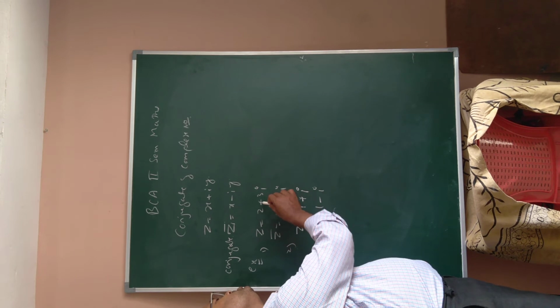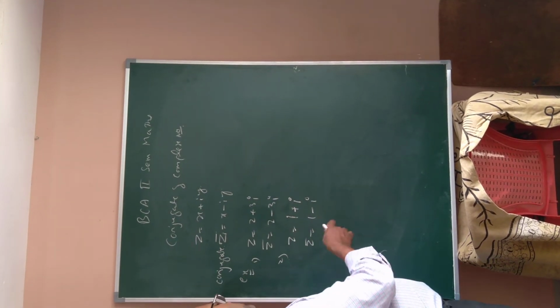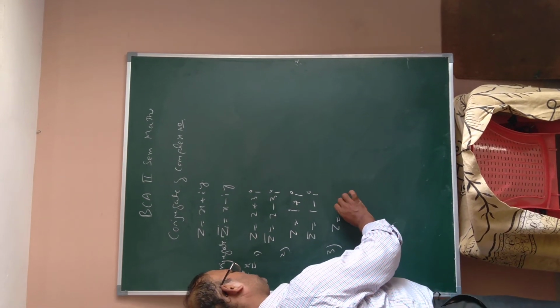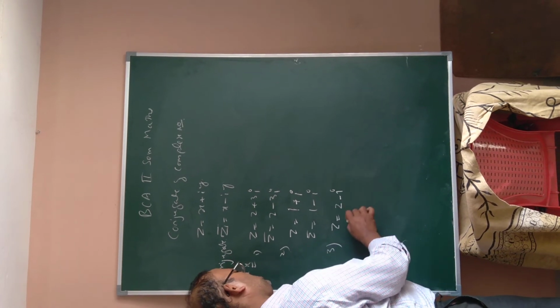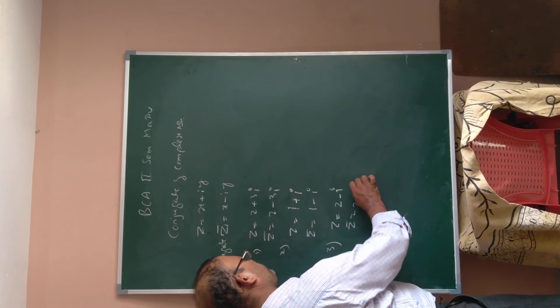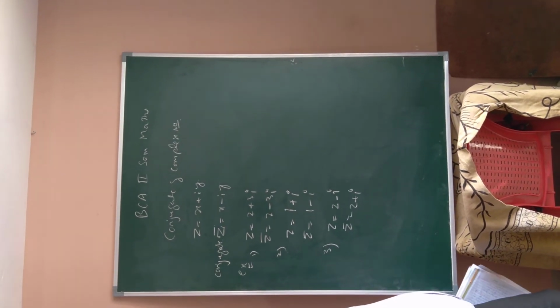If it is positive, z bar is negative. If it is negative, it becomes positive. Third example, z is equal to 2 minus i. Z bar is equal to 2 plus i. These are the conjugates of complex numbers.